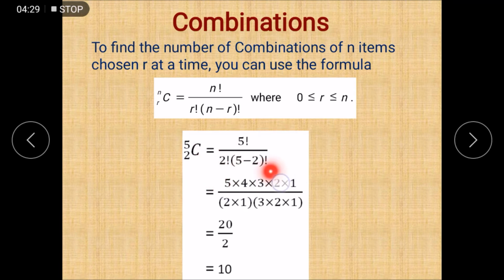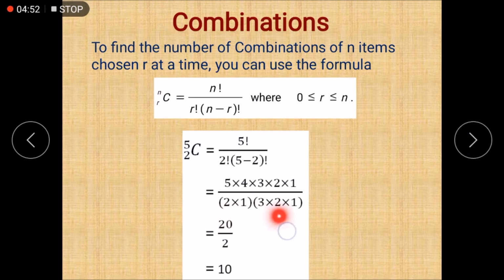If we only want to choose 2 without taking care of the arrangement, I mean it doesn't matter the way it is arranged, we just want 2 letters out of the 5 letters, we get 10 sets of letters that can be chosen. So that is how we do it.